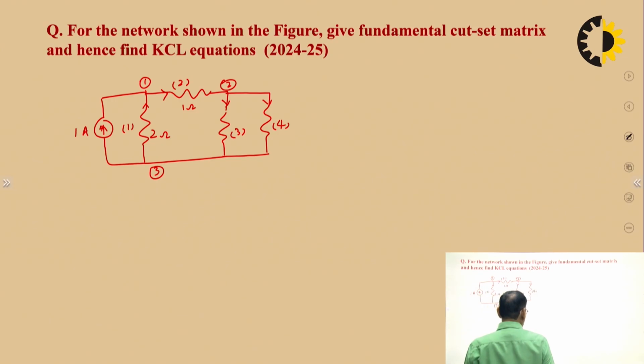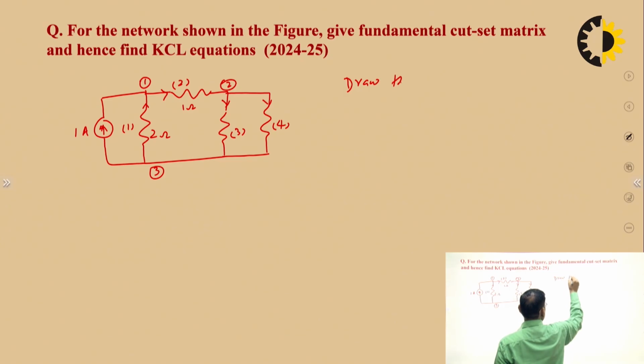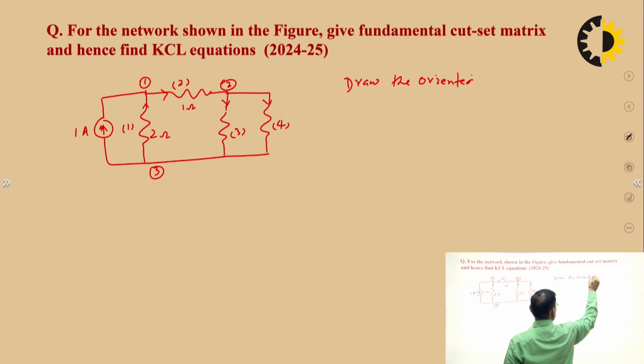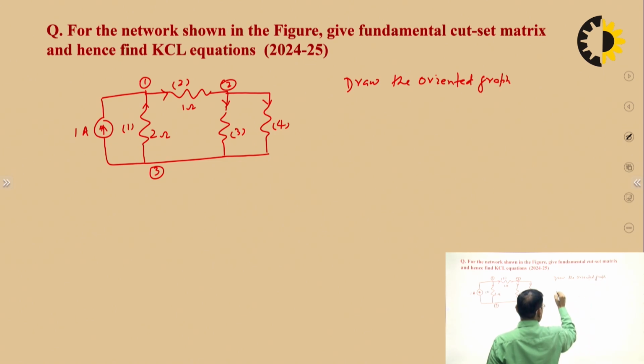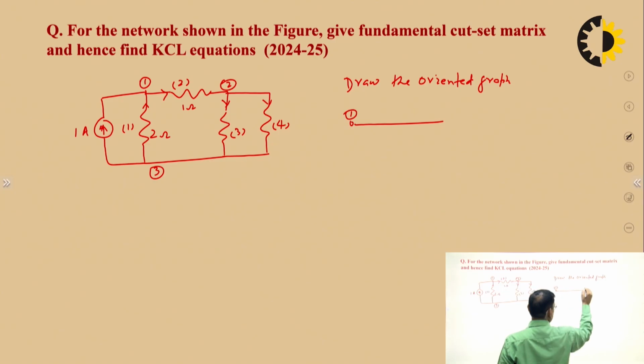So now we can draw the oriented graph. So it is like this. This is your 1, this is your 2, and this is your 3.